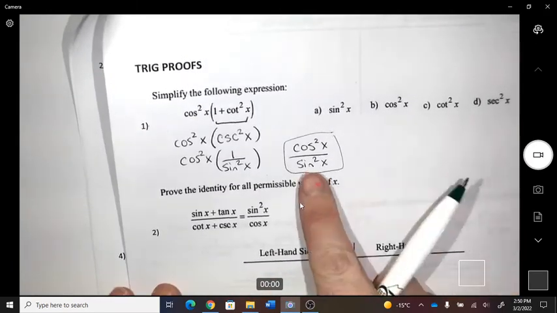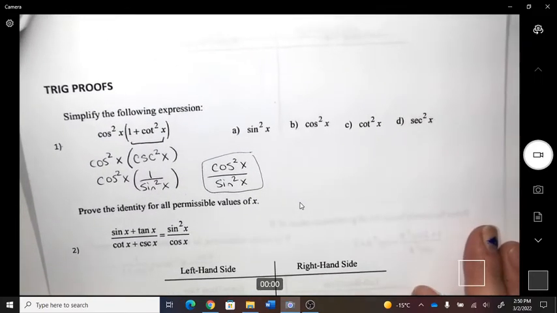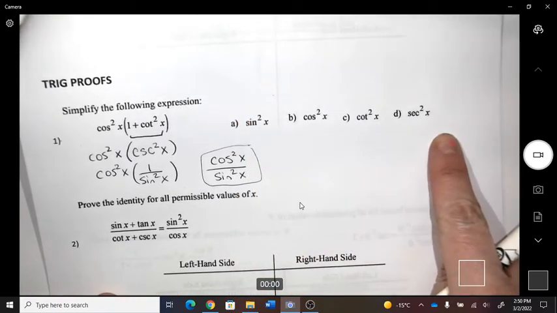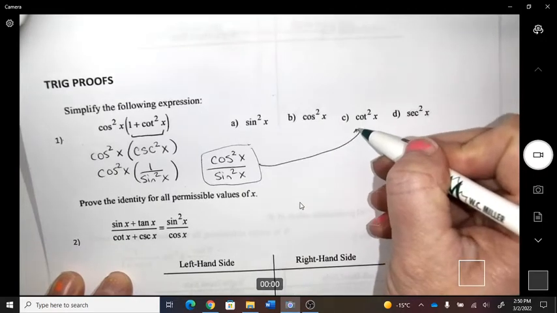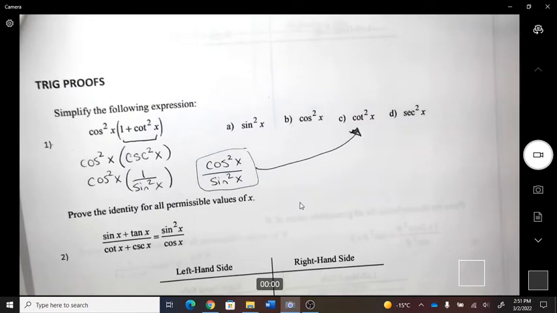Do you know which answer that matches? What do you think that one looks like? Option C, cotangent, right? Because tan was with a sine and then a cos, so cotangent is the flip of that.